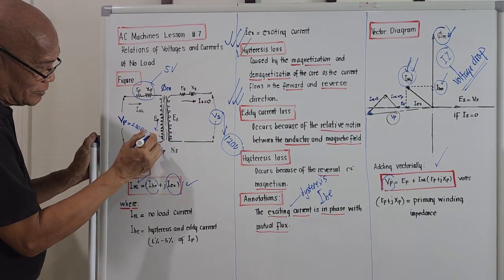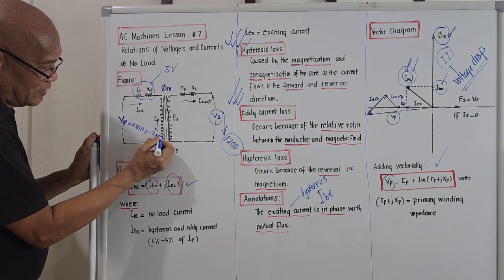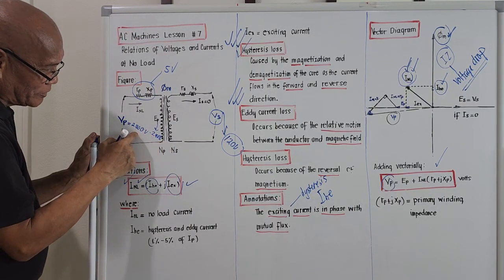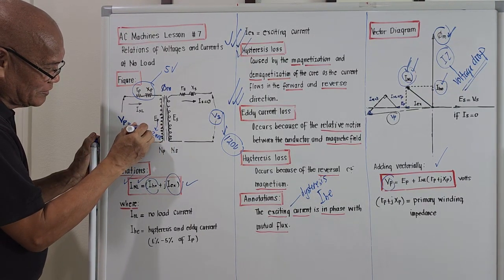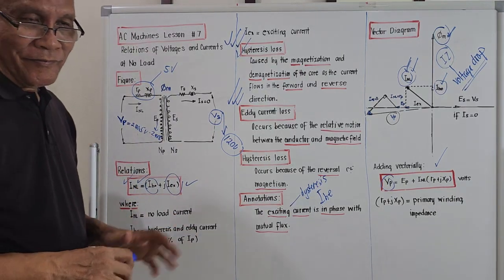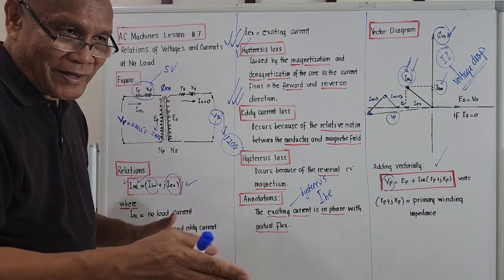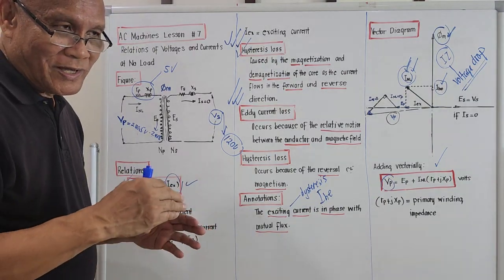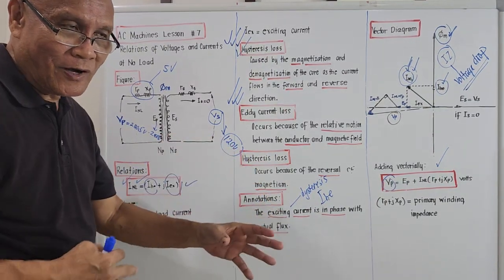So for this to be 2400, you will compensate for that voltage by adding something over here. On the so-called generator side, because generators are also designed, you will design how much will be the RPM, how big the generator might be.